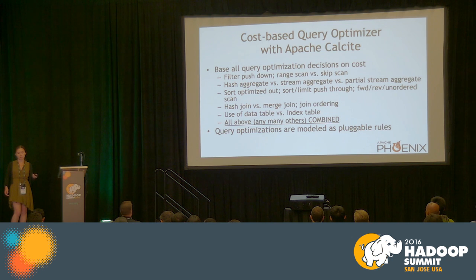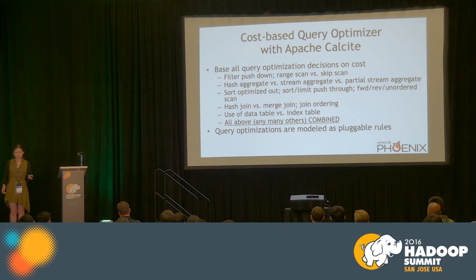Phoenix has done a whole lot of work in translating a key filter into a range scan or a skip scan, and also tries to optimize out the order by or push down sort or limit through union queries, etc. It also has different aggregate approaches plus different join implementations, and also figures out which of the existing data table or index tables is going to make the query run more efficiently.